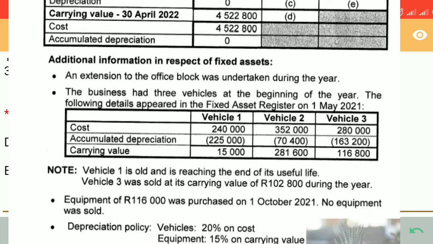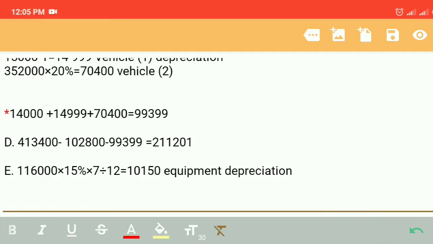So let's start. You're going to say here E 116,000. That's the amount of equipment. 116,000 multiplied by 15%, or multiply by 15 over 100, depends on how you want to do it. Where did we get this 15%?